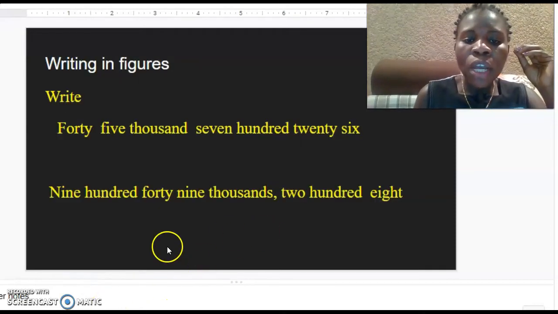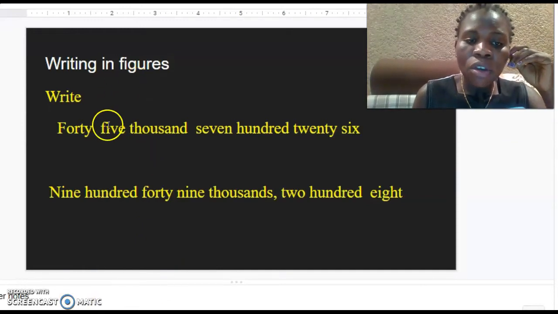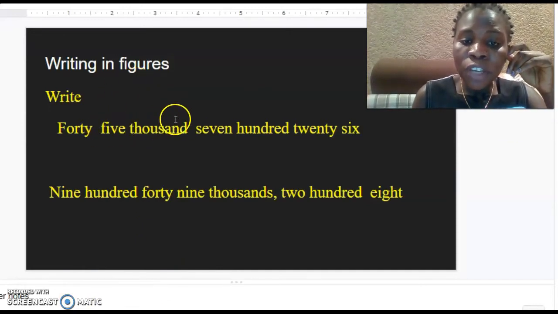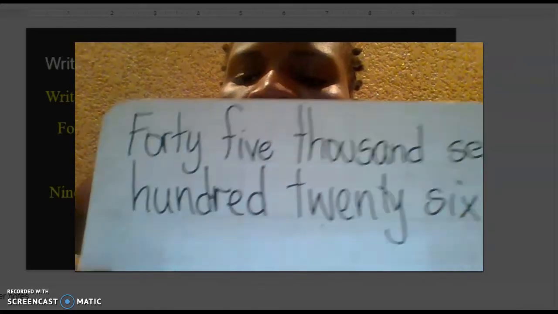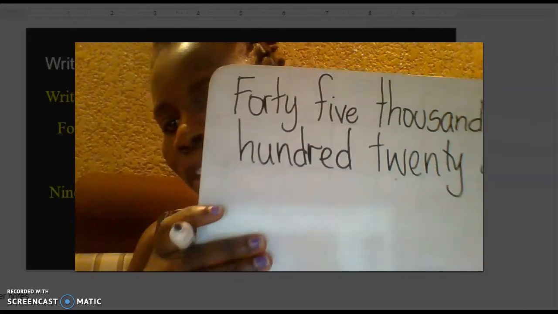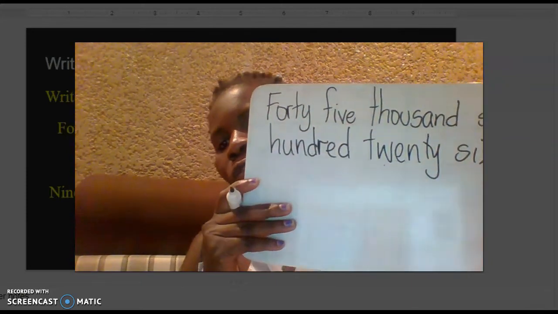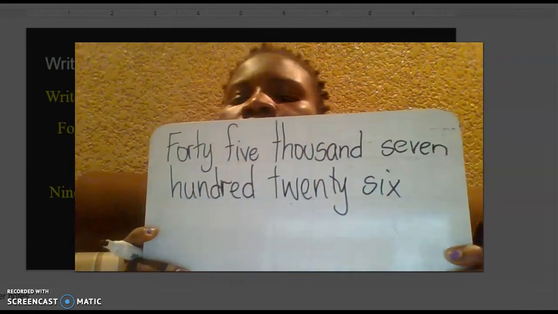So how are we going to write in figures? Let's try 45,726. How do we write that practically? My first number here is 45,000.